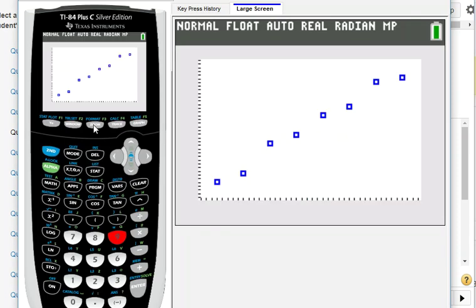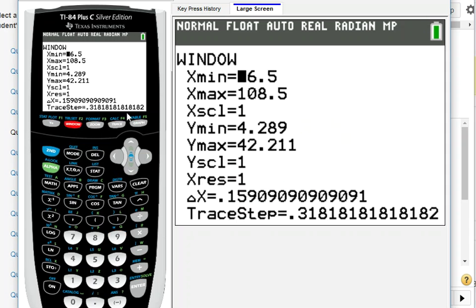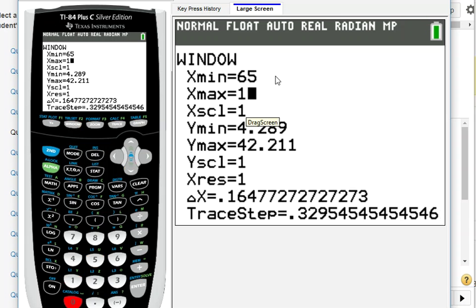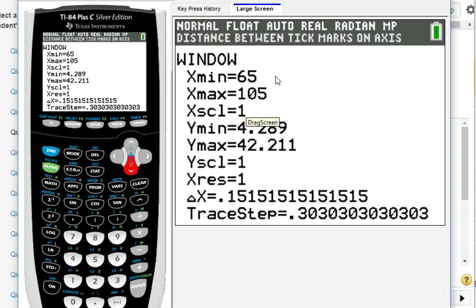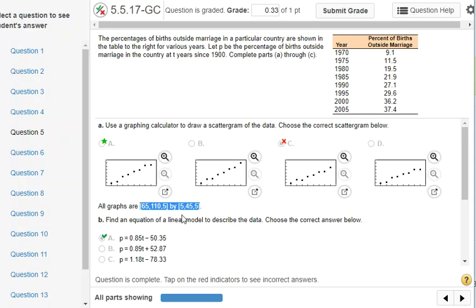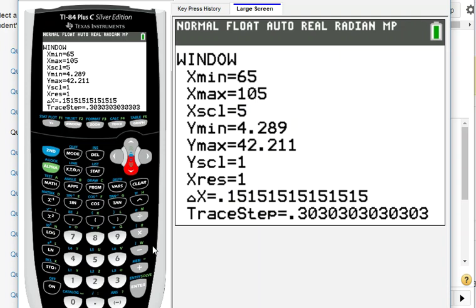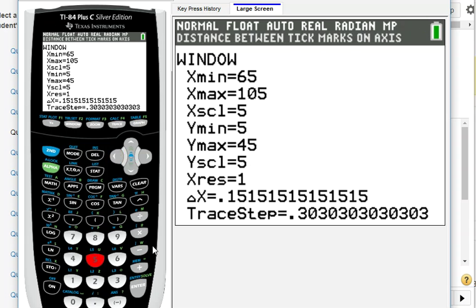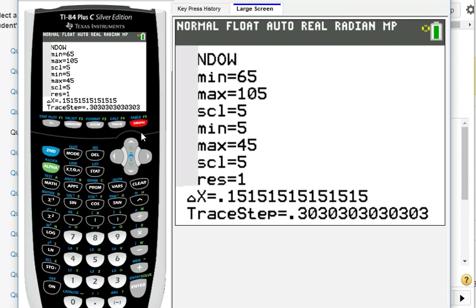Instead of doing zoom stat, a manual window would have me push the window key, and I'm really close. They wanted 65 by 105 by 5, 5 being the scale, and then the y would be 5 by 45 by 5, so 5, 45, and 5.